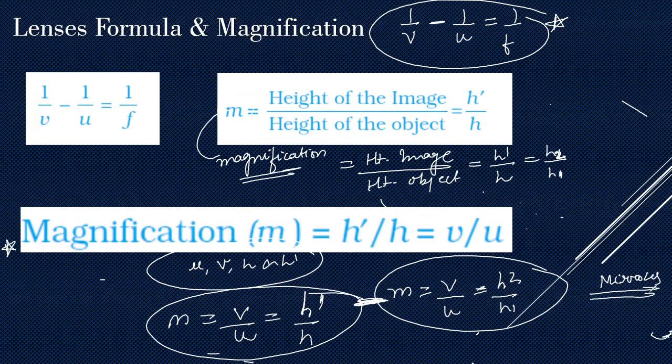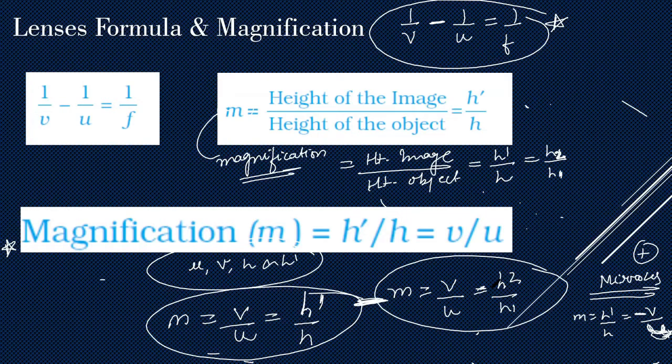In case of mirrors, m was equal to h dash upon h, which was equal to minus v by u. Here it is positive. In mirrors, there was a positive sign in the mirror formula and a negative sign over here. In case of lenses, there's a negative sign in the lens formula and here it is positive. Very, very important to remember, because these small mistakes can cost you a lot of marks.